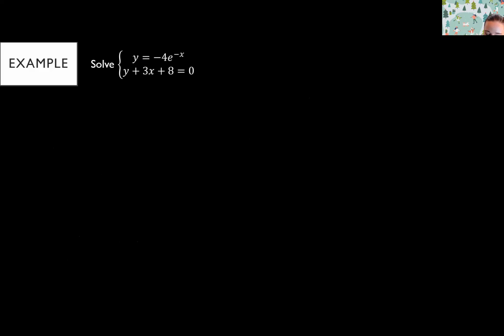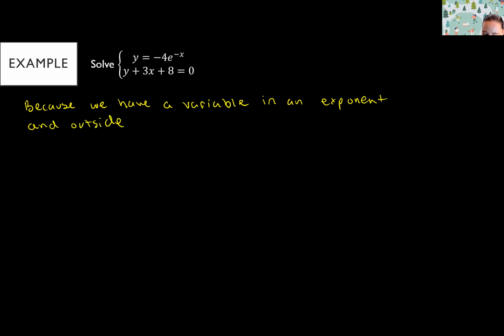Because we have a variable in an exponent and outside an exponent, we can only solve by graphing for what we know so far.